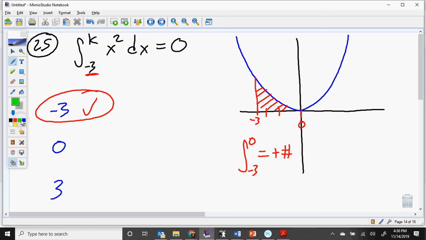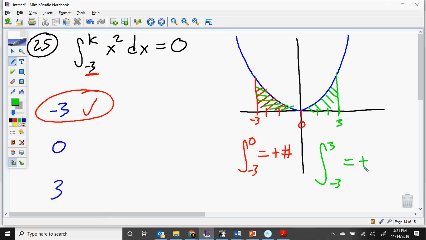Well then, what if I did the integral from negative 3 to positive 3? I would get this area here and this area here. If I add, those are both positive areas. So I would get another positive number.